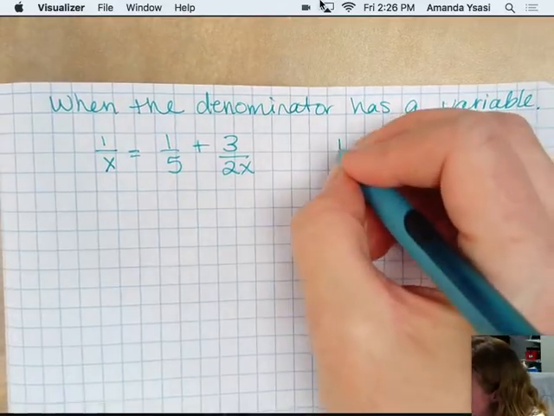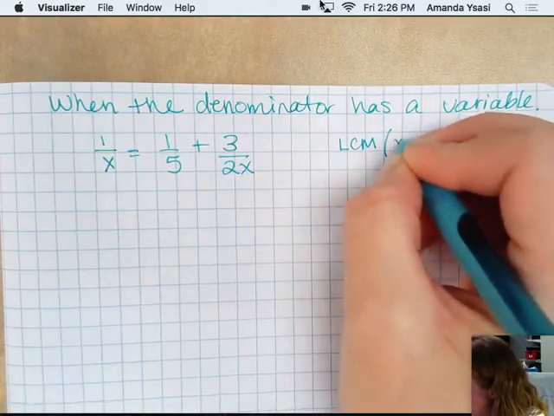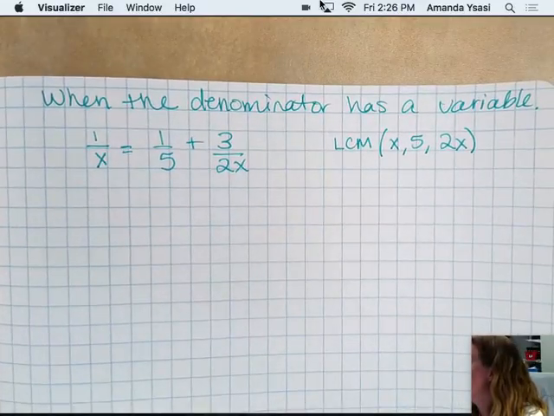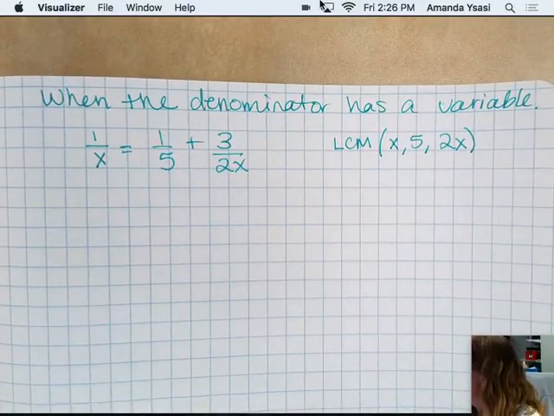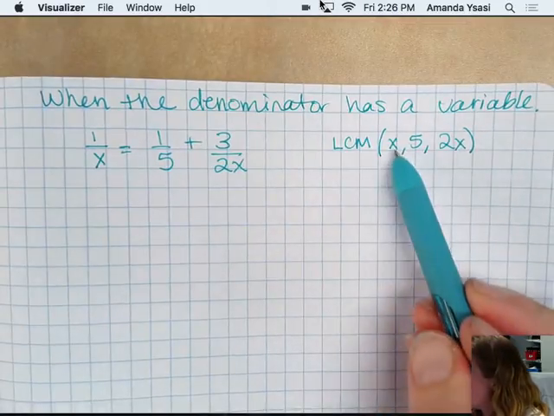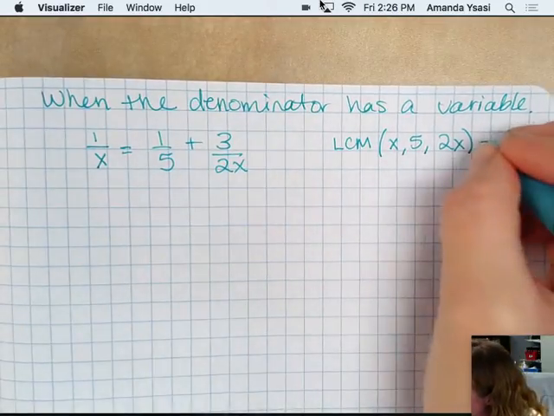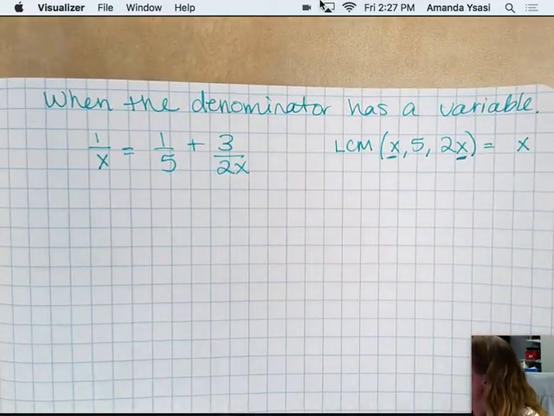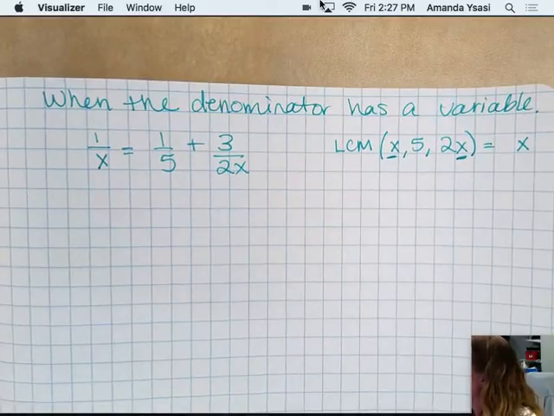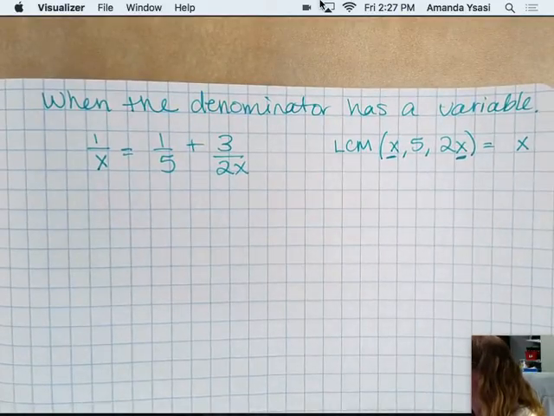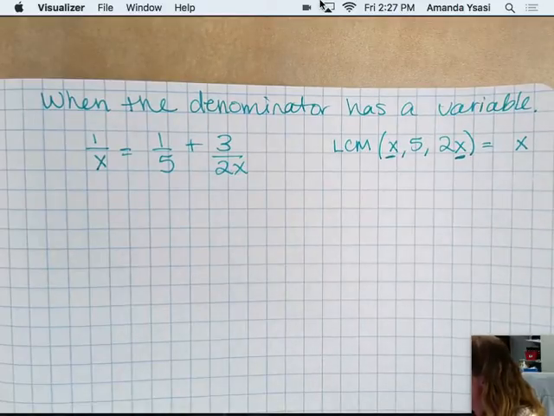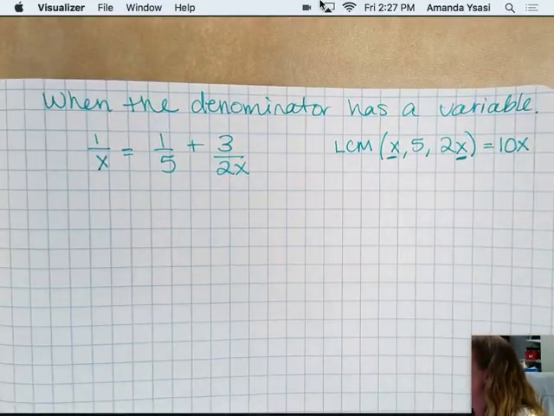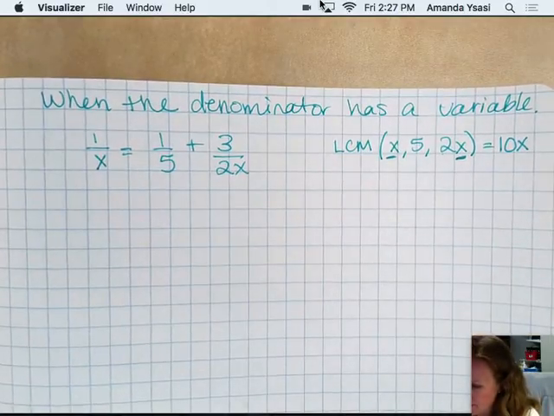Okay, so in this case, we want the least common multiple of x, 5, and 2x. So we know the LCM will have an x, or maybe it's the greatest, sorry, the greatest x value. So if there was an x squared and an x, you do x squared. You always pick the greatest x. And then what about 5 and 2? That would be 10. So 10x is our LCM.